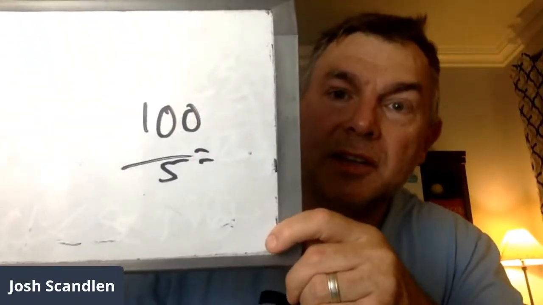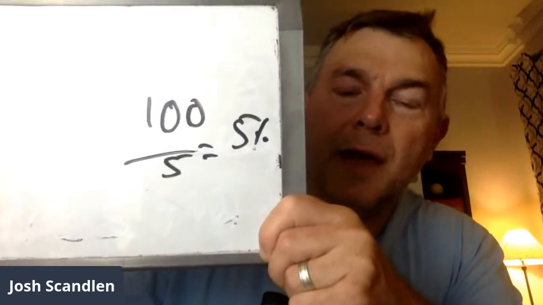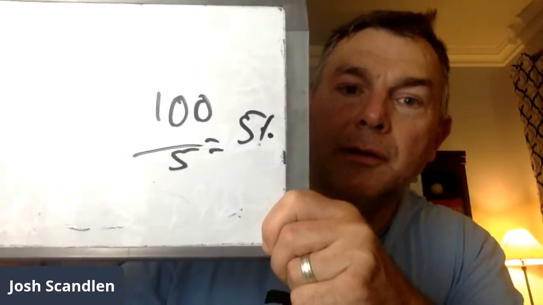Either way, it's going to be a 5% dividend yield. It's 100 into 5. So 100 into 5 is 5%. We get a 5% dividend yield if our price per share is $100.